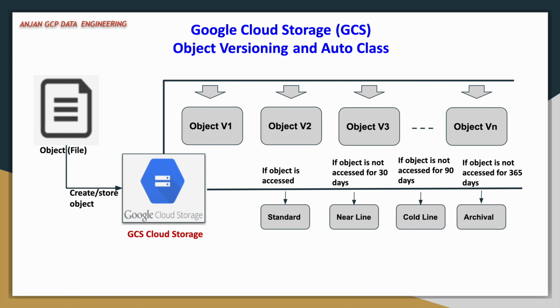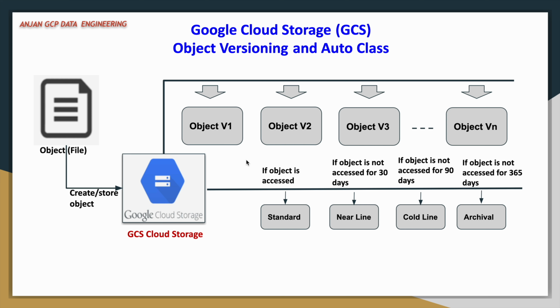Now coming to the demo. We'll try to apply object versioning on an existing bucket, upload different versions of an object, and try to replace it. We'll examine its version history using the Google Cloud Console and also using CLI commands.